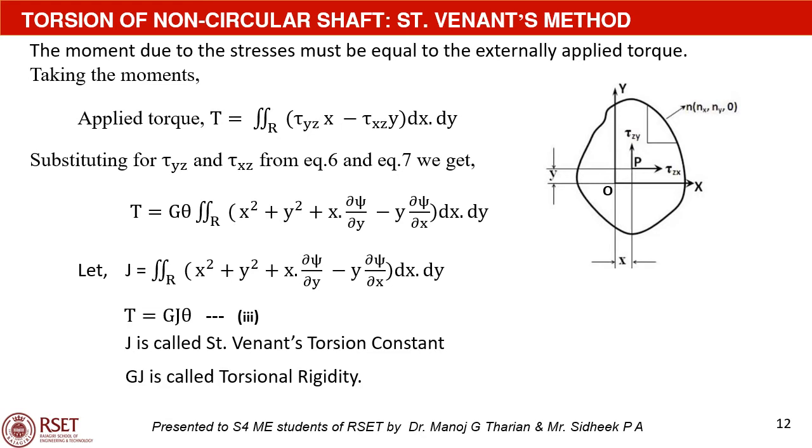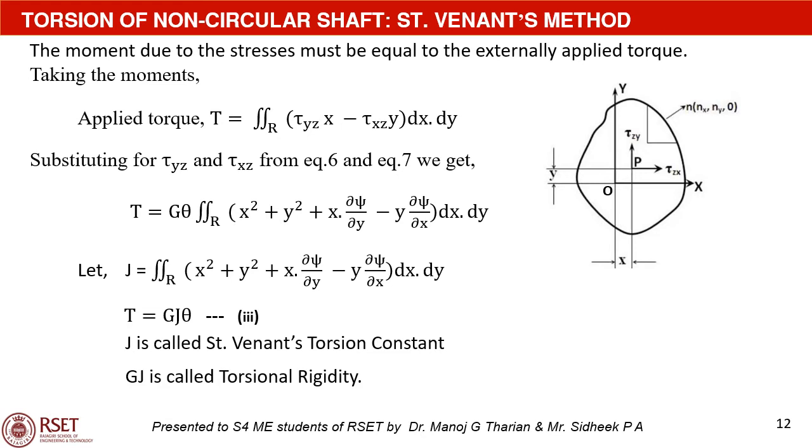Integrate it over the entire cross-sectional region R. Equating this moment due to the internal stresses to the externally applied torque, we get the applied torque T is equal to the double integral over the region R of (tau yz into x minus tau xz into y) dx dy.